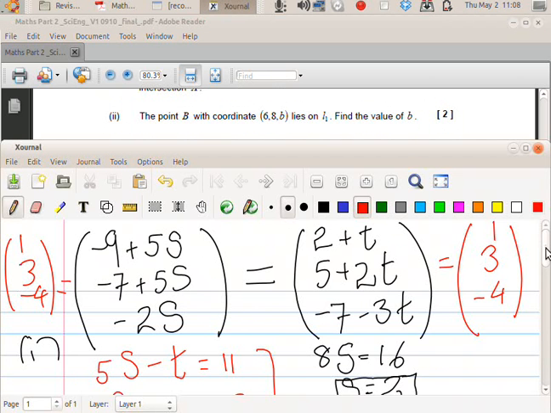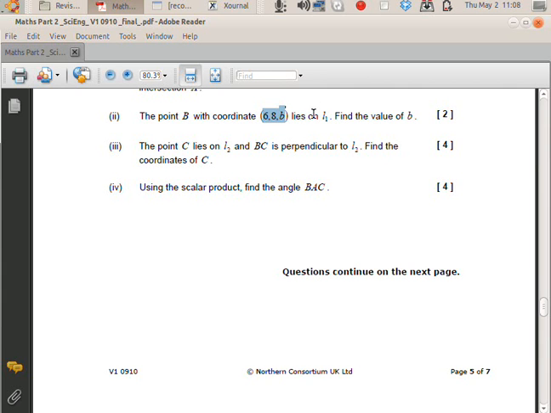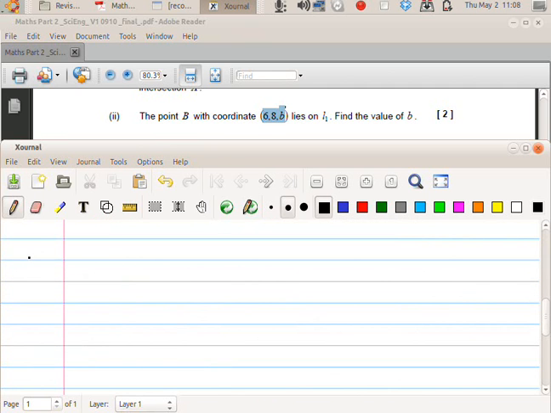So he says now that this point here is on the line L1. Find B. 6, 8. Where's L1? L1 is this one. Can you just call out what L1 is, please?